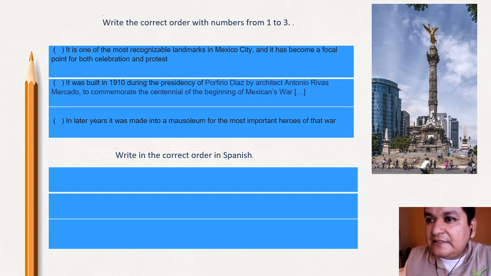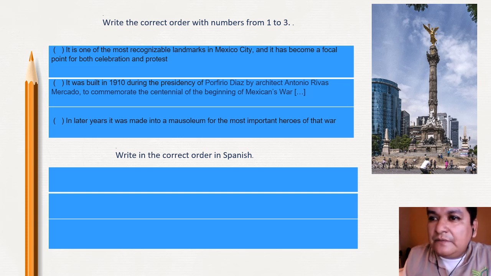In later years, it was made into a museum for the most important heroes of that war. Años más tarde, esta se convirtió en un mausoleo para los héroes más importantes de aquella guerra.